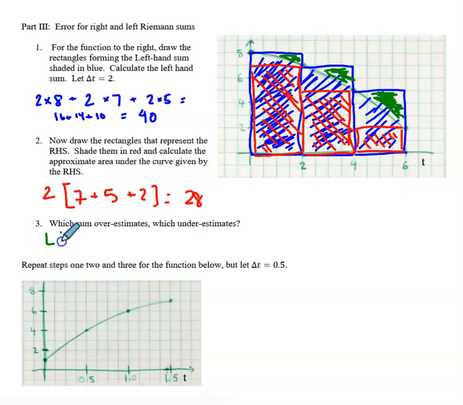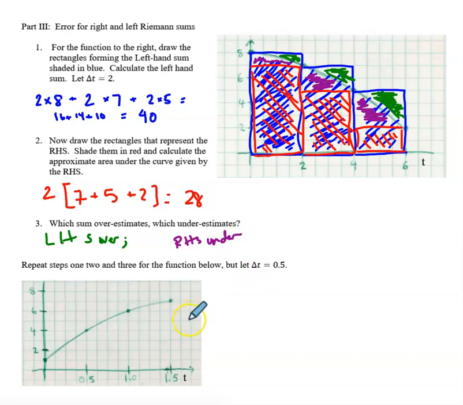So in this case, the left-hand sum is an overestimate. Now, separately, the right-hand sum, which I'm going to change colors and do in purple, actually misses some regions here that should be included in the area that are not included in my right-hand sum. So the right-hand sum in this case is an underestimate.